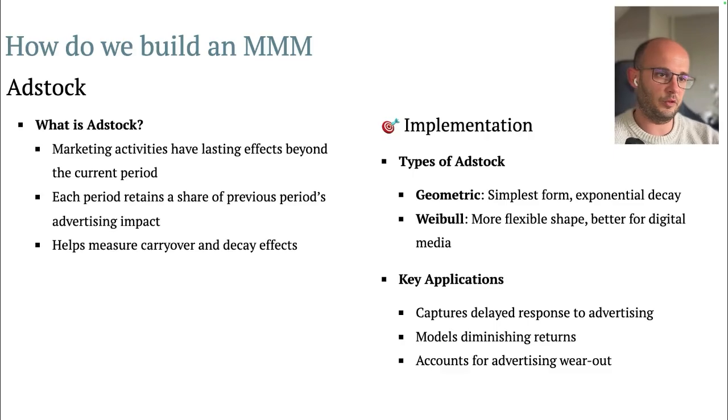It's better for digital media. It's, for instance, what Robyn by Meta uses underneath, but it is slower and more computational to get to it. And you want to account for delayed responses and advertising wear-out.